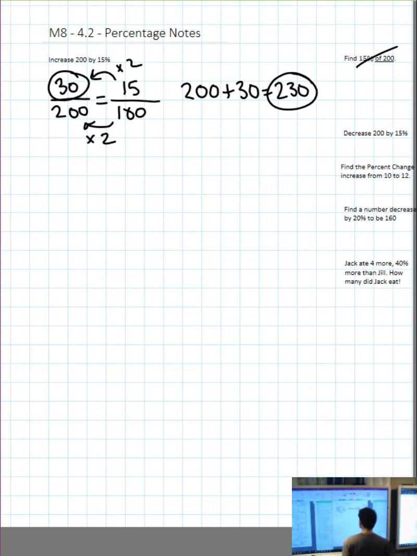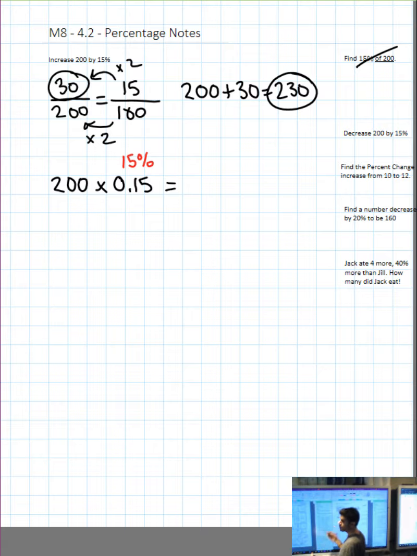Let's figure it out in a better way. So, I can just take a number and times it by the decimal, which is 15%. Go back to the last section and learn why 15% is 0.15. And we get 200 times 0.15.